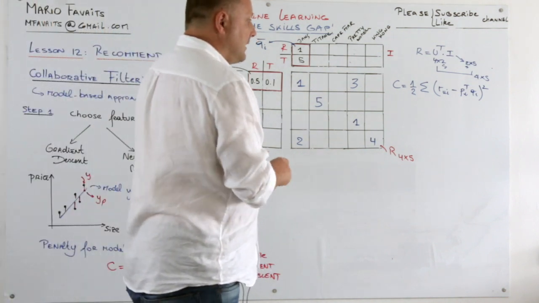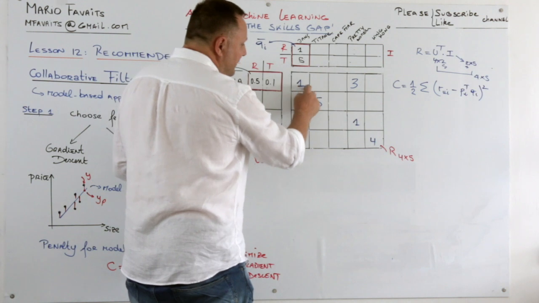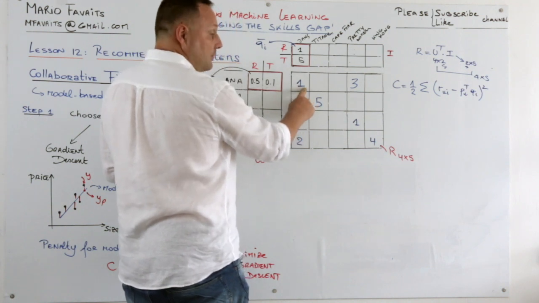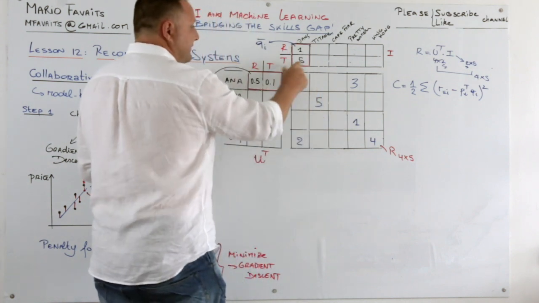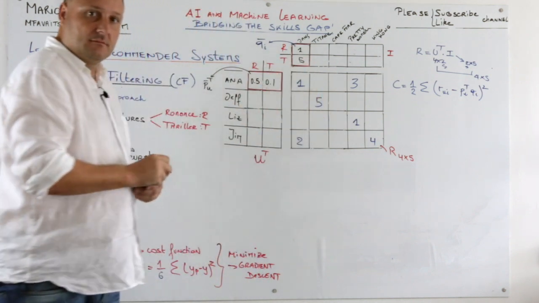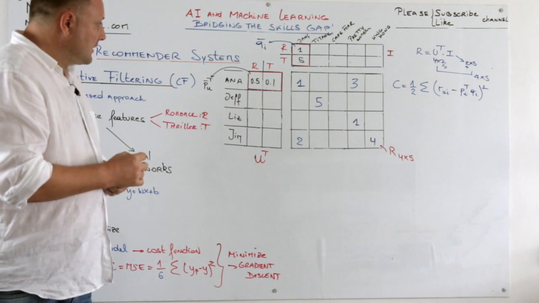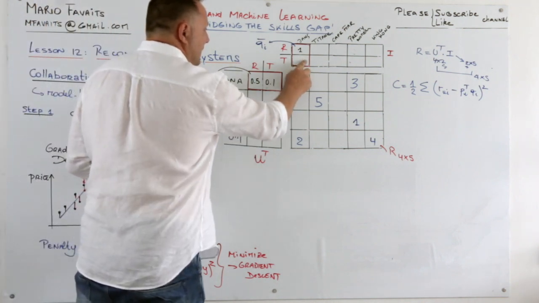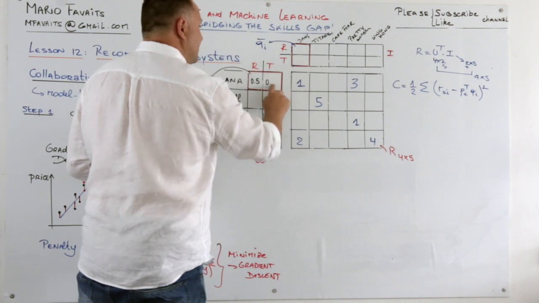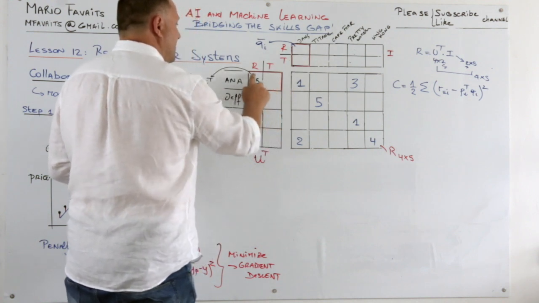Yeah? So basically we compare the value in the matrix where the value exists with the dot product of these two little vectors. Yeah? So let us put some values in here and see where we are. Okay?